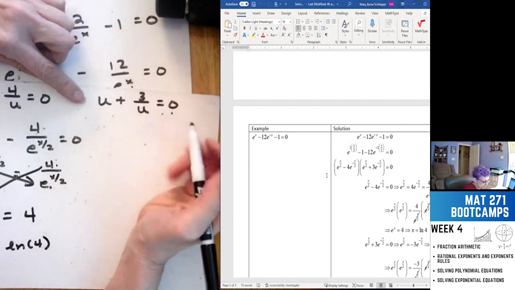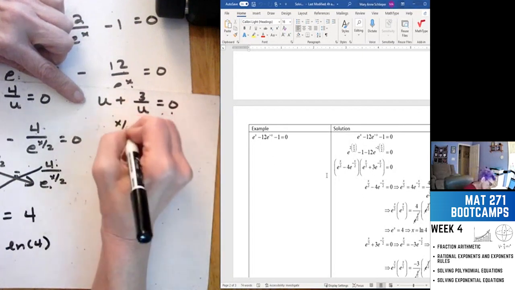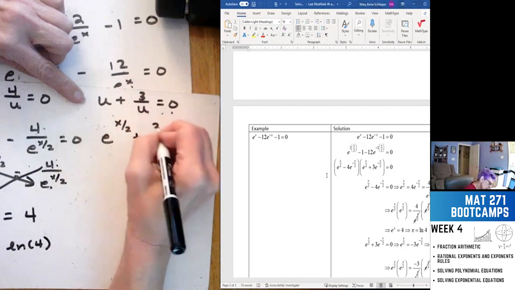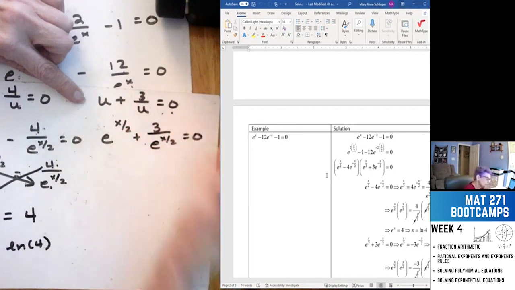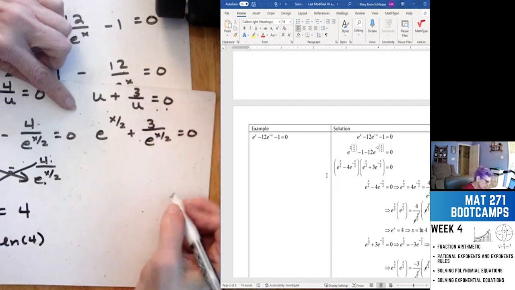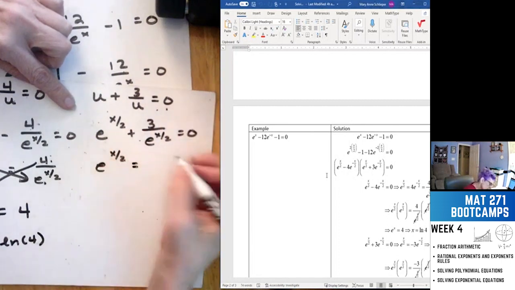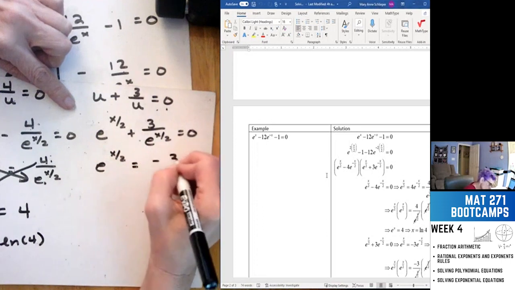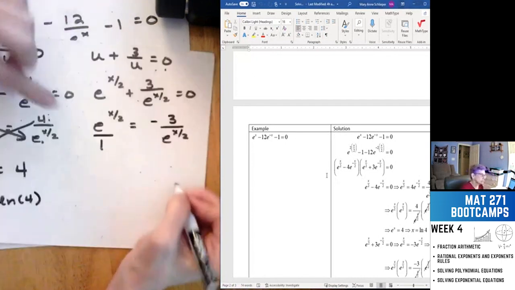I'm going to try the same thing over here. u is equal to e to the x over 2 plus 3 over e to the x over 2 is equal to 0. So e to the x over 2 is negative 3 over e to the x over 2.